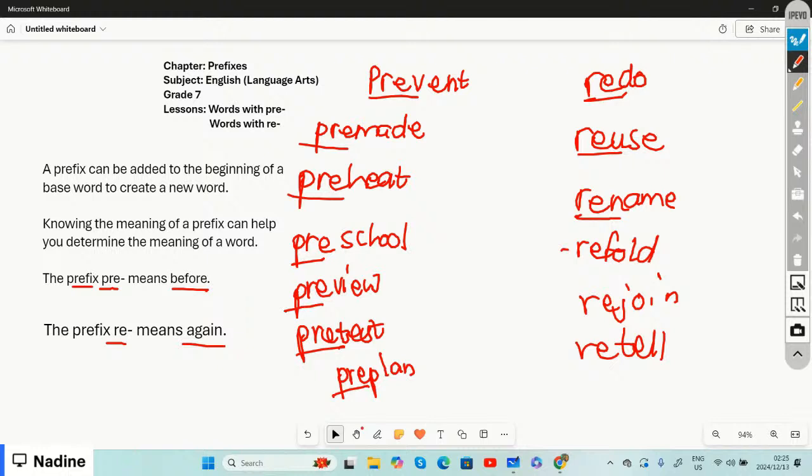All right. And when we look at these words, we have re means again, but we have pre, which means before.